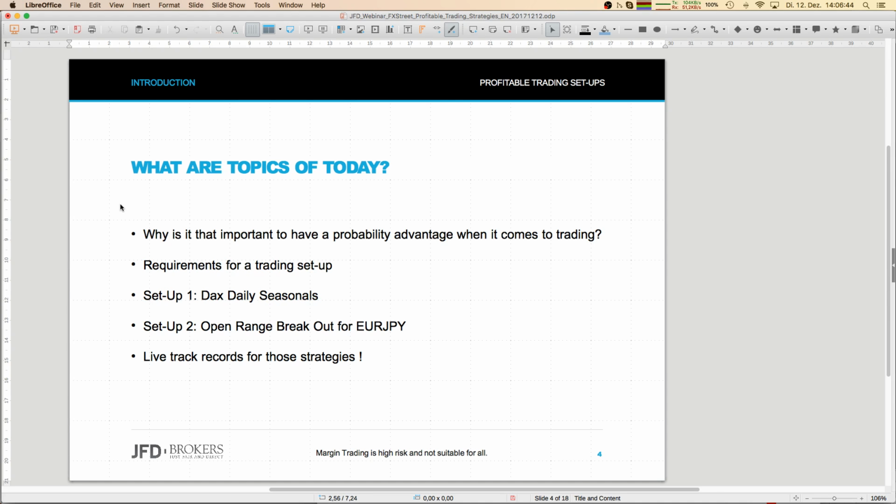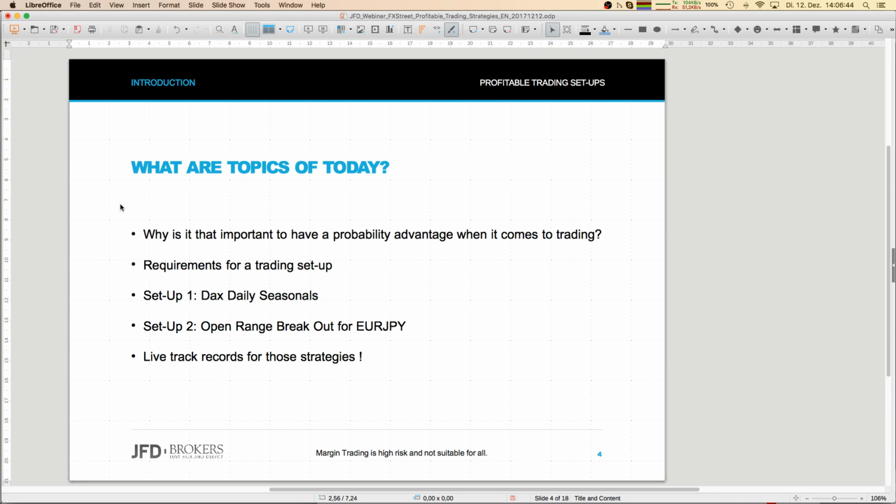When it comes to trading, it's always important to have an edge within your trades. If you don't have an edge, then you should definitely not trade. That sentence sounds extremely simple, but look at your own trading activities. Sometimes you say, okay, I go long in euro, US dollar, but do you really have a clear picture of why you are doing exactly that trade?